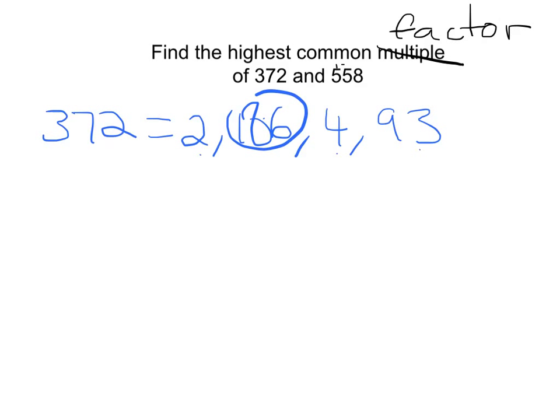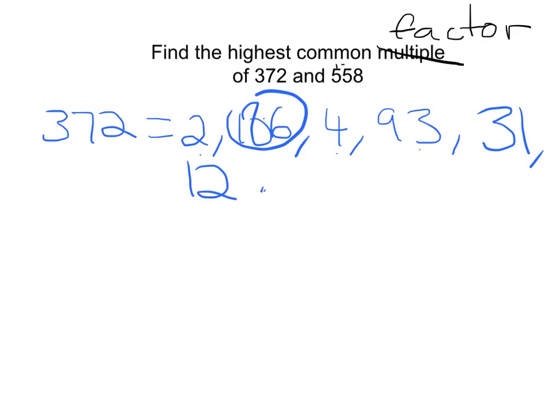But what I can do is divide this by 3. So we've got 31 as a common factor. And how many 31s go into this is 12.